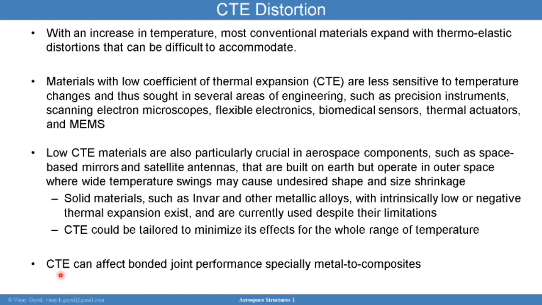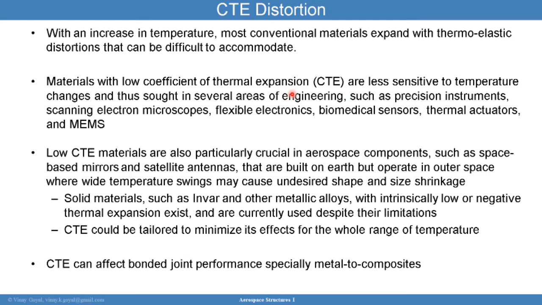And so materials with low coefficient of thermal expansion are usually sought. We're looking at materials that are less sensitive to temperature changes, and they're usually used in precision instruments, microscopes, flexible electronics, spacecraft, thermal actuators, and MEMS.